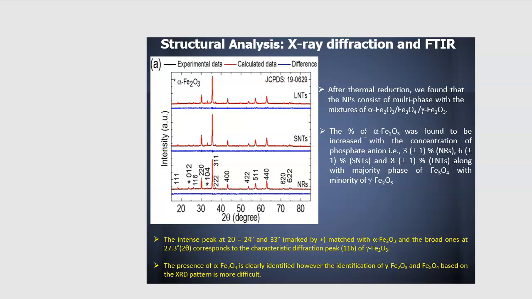If we calculate the percentage of hematite phase, we found that in nanorings it was 3%, in short nanotubes around 6%, and 8% in long nanotubes, along with a majority phase of magnetite and a minority of gamma iron oxide.